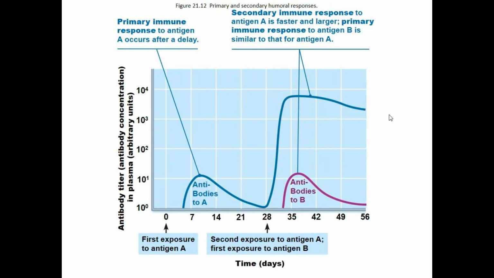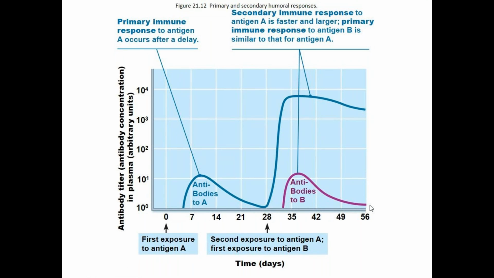Now, if we imagine that at the same time that we got re-exposed to A, we also got exposed to a different pathogen, in this case pathogen B. While we have this rapid, powerful secondary response to A, we still have our same weak response to B because this is our first time seeing B. So again, we wait 6 or 7 days before we have any response to B, and the response we have to B kind of sucks and immediately kind of falls off.